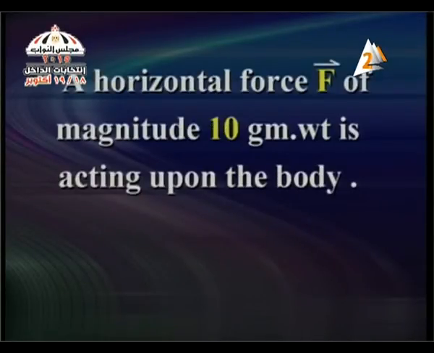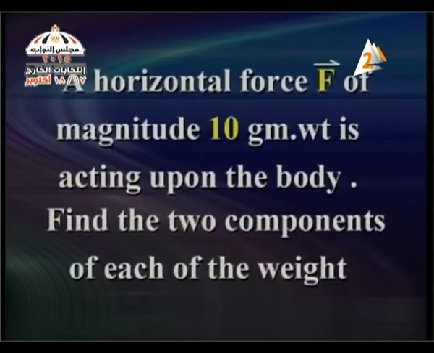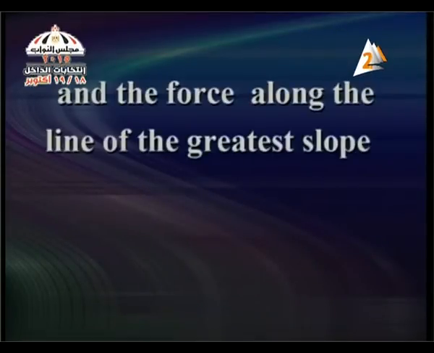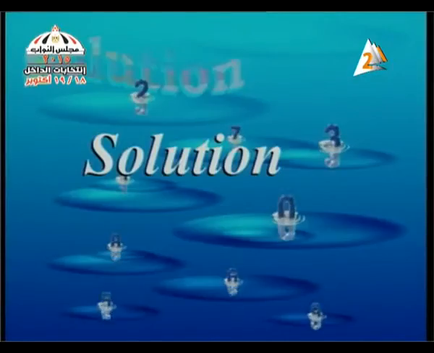A horizontal force F of magnitude 10 gram weight is acting upon the body. Find the two components of each of the weight and the force along the line of greatest slope of the plane and the perpendicular to it.